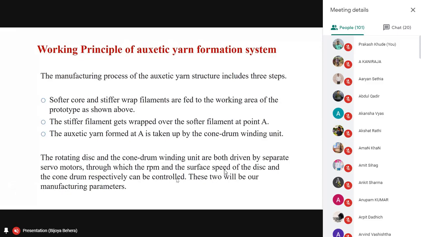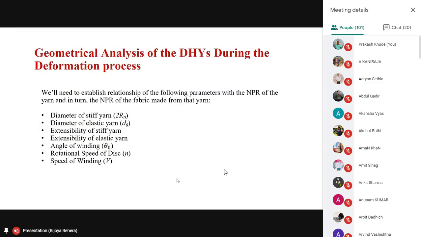What is the principle of formation of auxetic yarn? In the whole process, we control these parameters: the diameter of stiff yarn, diameter of elastic yarn, extensibility, to what extent it will be extended, extensibility of stiff yarn, extensibility of elastic yarn, and angle of wind, which is most important.